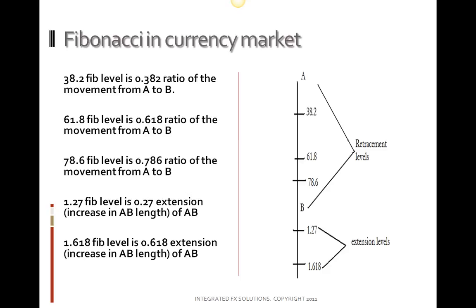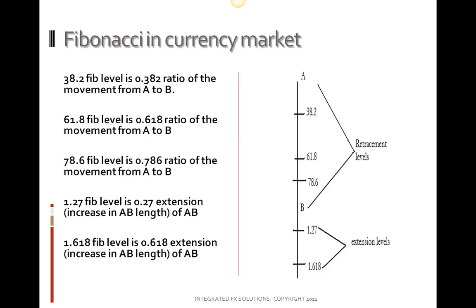So when price moves outside of AB to 1.27, it means it has increased in length by 0.27 ratio, or by 27% of AB, to form the 1.27 extension.